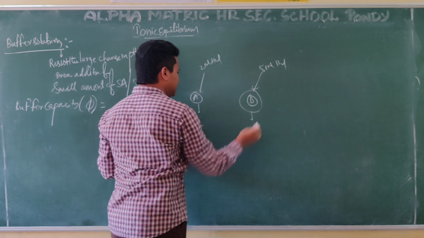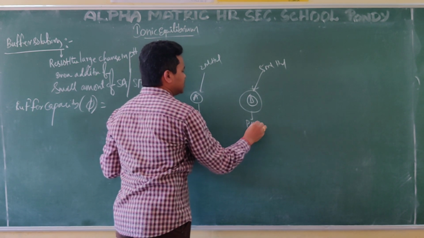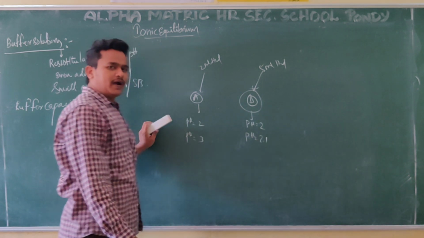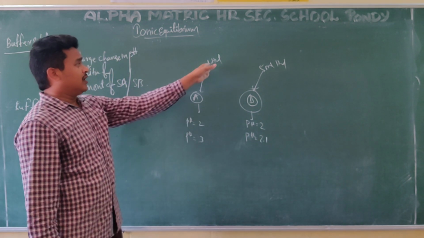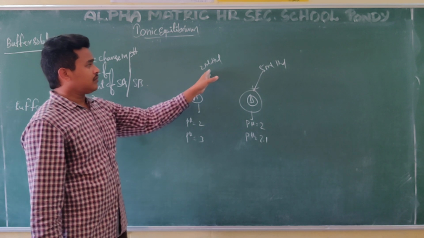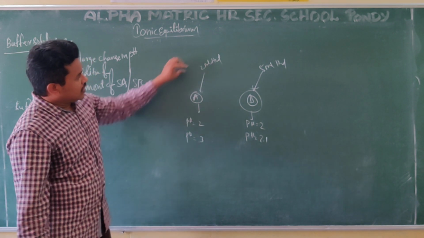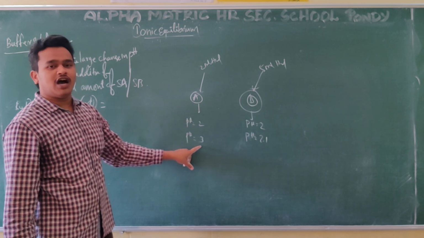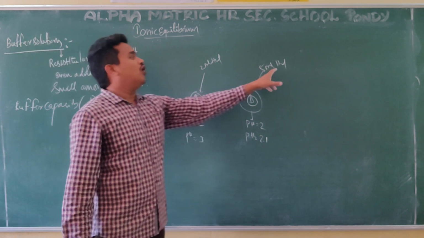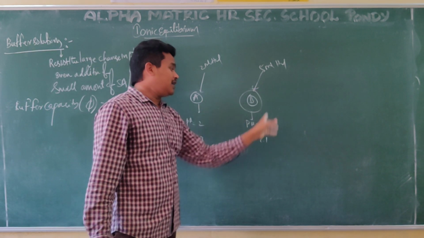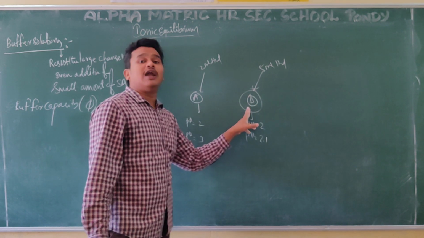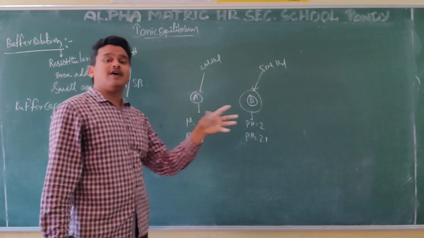It is changing the pH from 2 to 2.1 only. Here you are adding only 2 ml, a small amount, but still there is a large change from 2 to 3. But here you are adding more, 5 ml of acid, but there is only a small change from 2 to 2.1.